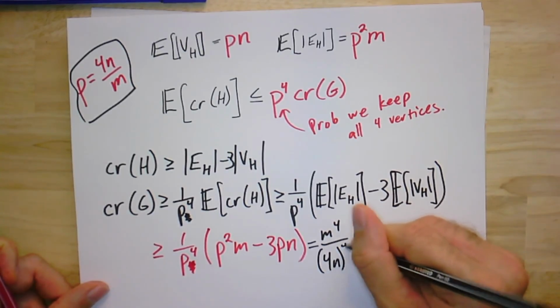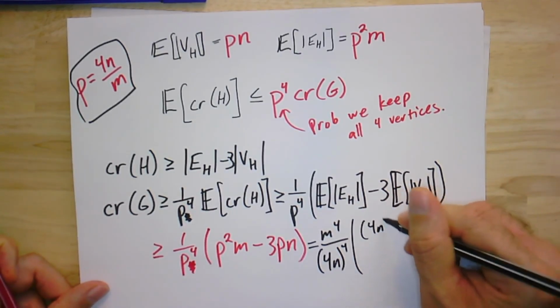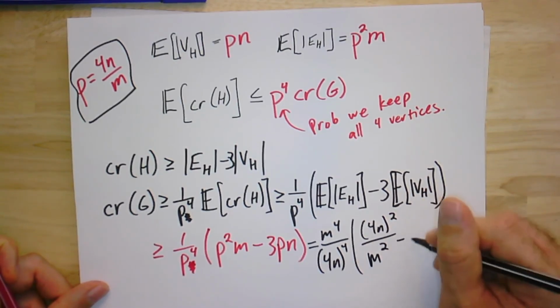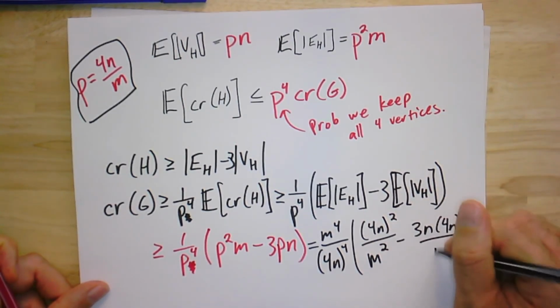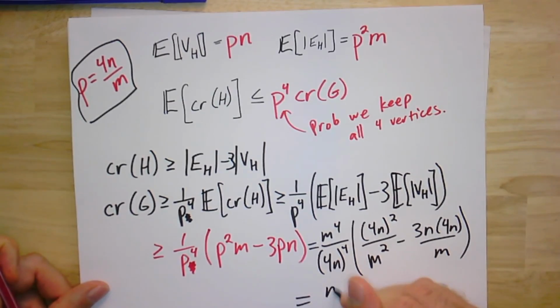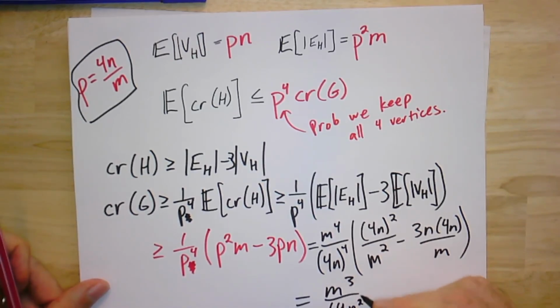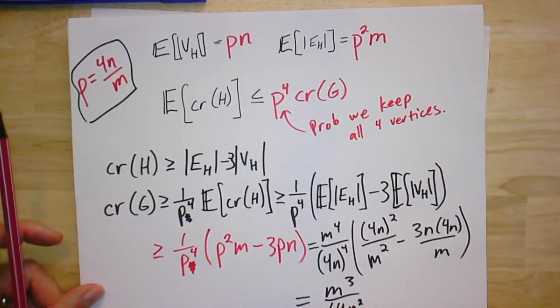Maybe I'll time lapse this. It just comes out to exactly the bound we claimed in the theorem, m cubed over 64n squared.